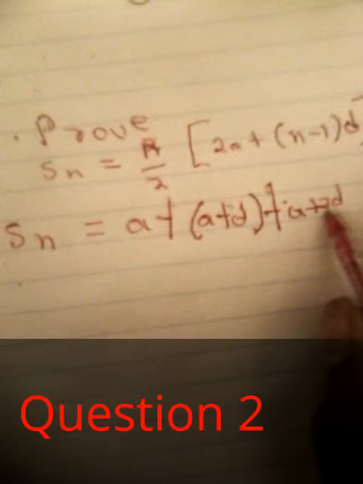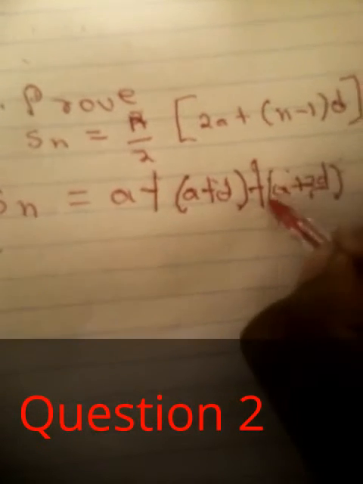So now we have to add 2d. This is the third term. Plus dot dot dot until the last term, the general formula that you know of the arithmetic sequence, which is a plus n minus 1 d. This is the general formula until the last term that we call tn.